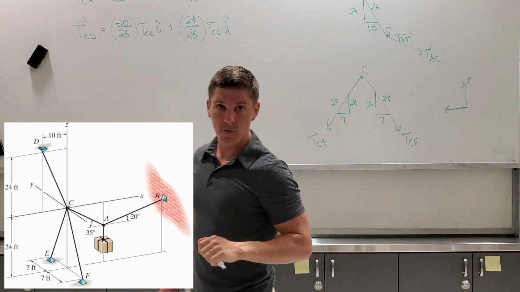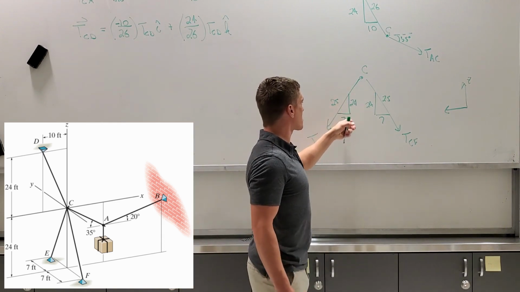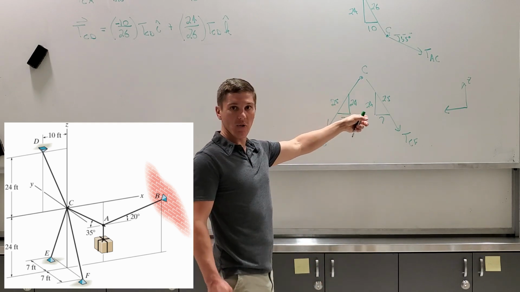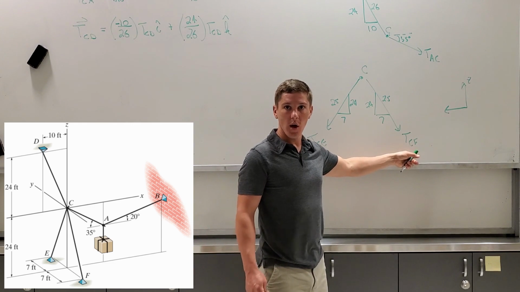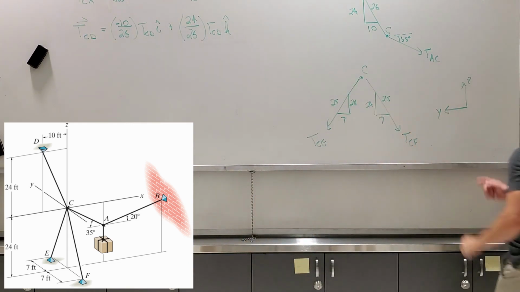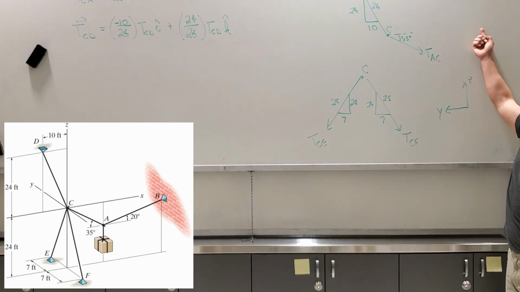Yes, a 25-foot length. So once again, we have our slope triangles that we can use for similar triangles. We don't have to use the sine or the cosine when we break TCE and TCF into vector components. But now we are in the YZ plane, not the XZ plane.